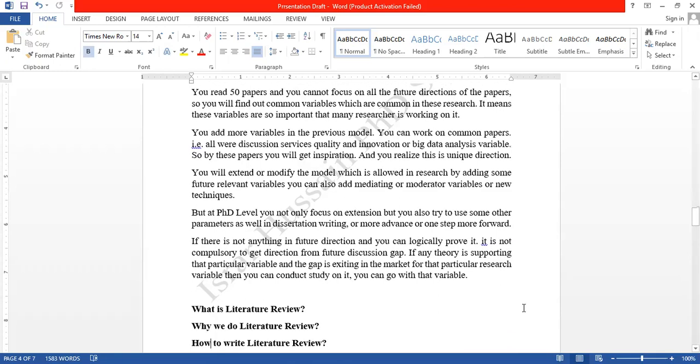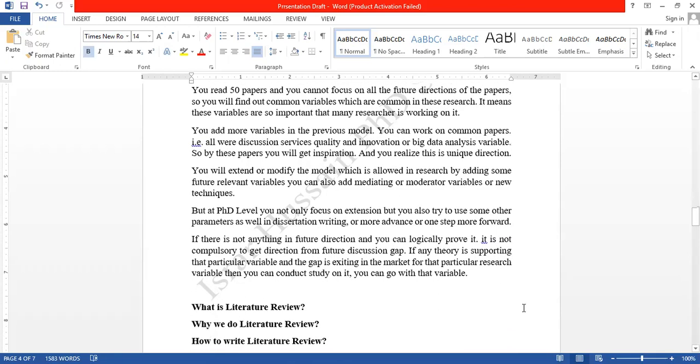But at PhD level, you not only focus on extension, but you also try to use some other parameters in dissertation writing, or something more advanced, one step more forward. You need to think: if there is not anything in future direction, you can logically prove it. It is not compulsory to get direction from the future direction, future discussion gap.